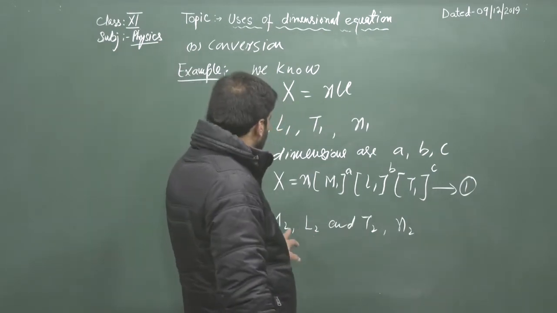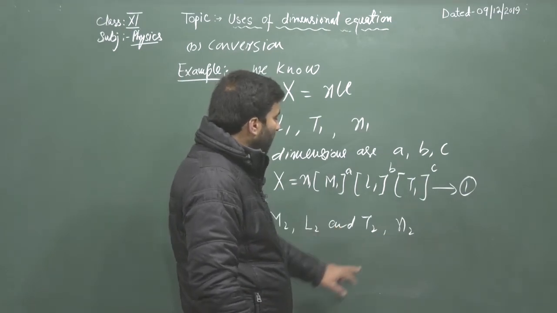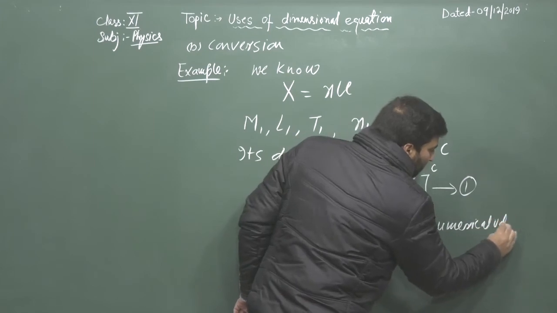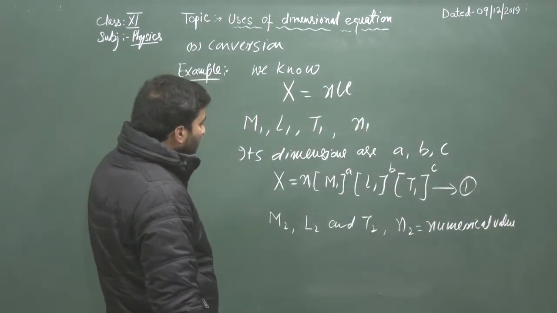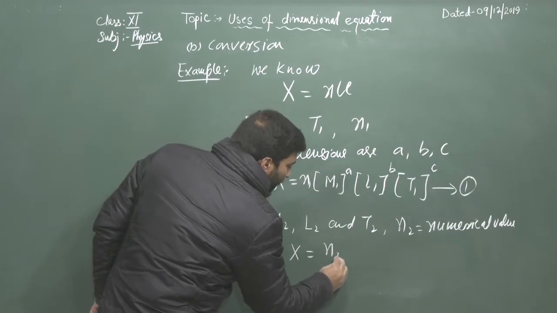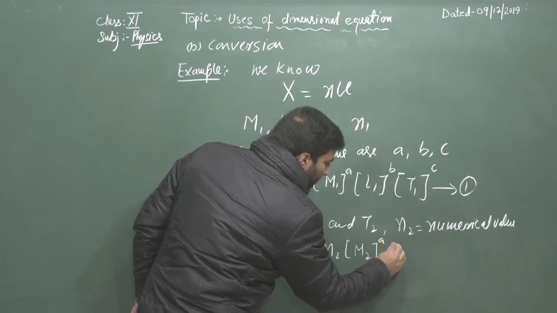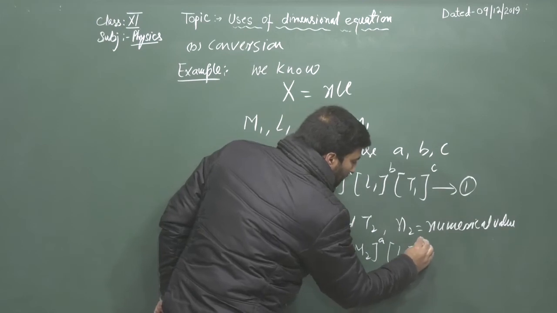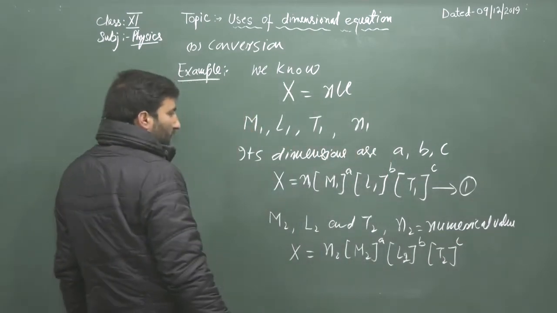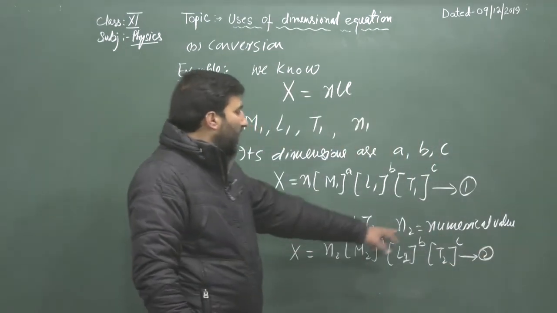Therefore, we can represent the physical quantity as x is equal to n2 m2 A L2 B T2 C. Let it be the second, where A, B, C are its dimensions.